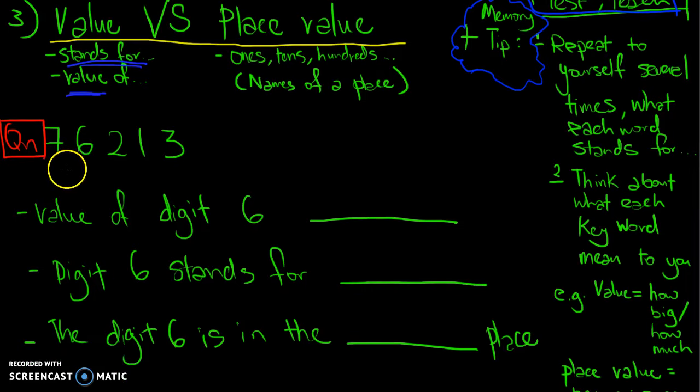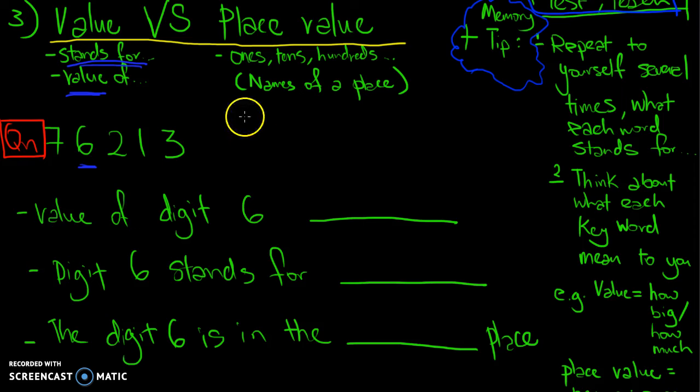So for example, this question, 76,213. We know that it's 76,000, 213. When the question asks, what is the value of the digit 6? They're asking you how big, how much, what's the quantity you're talking about whenever they ask about the value.